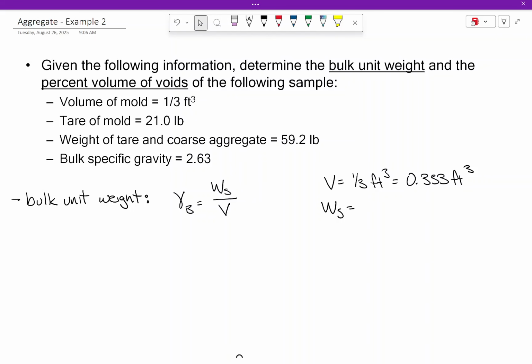I know the bucket weighs 21 pounds, and when the bucket is filled with aggregate and I weigh the bucket and the aggregate, I get 59.2 pounds. So how do I figure out the weight of the aggregate? Pretty straightforward. I think I can do this one in my head. What's that, 38.2? Does that make sense?